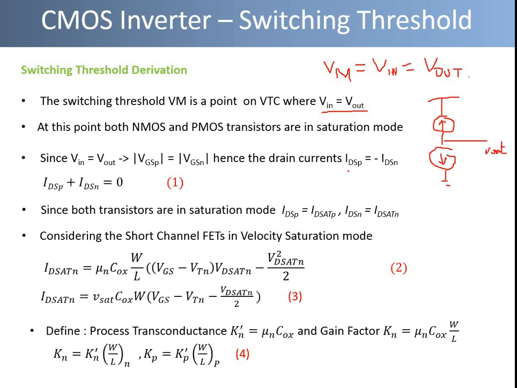From this observation we can see that the gate to source voltage of PMOS and NMOS transistors are equal to each other, therefore both transistors have the same current but with the opposite sign. So we can write IDSP equal to IDSN with negative sign, and we can come up with equation 1 which says that IDSP plus IDSN equal to 0.